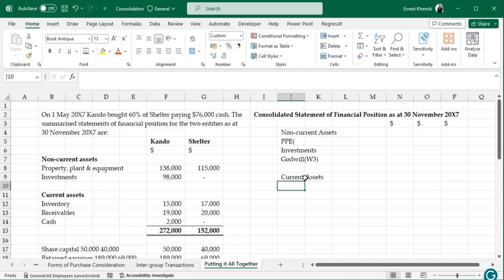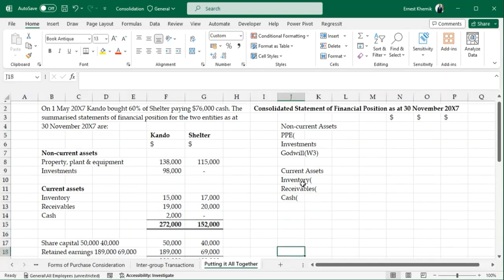Then we have our current assets, and for our current assets we will have inventory. We'll put my bracket there. For receivables, I'll also write my receivables and put a bracket, and then lastly I'll have my cash, also put a bracket here.